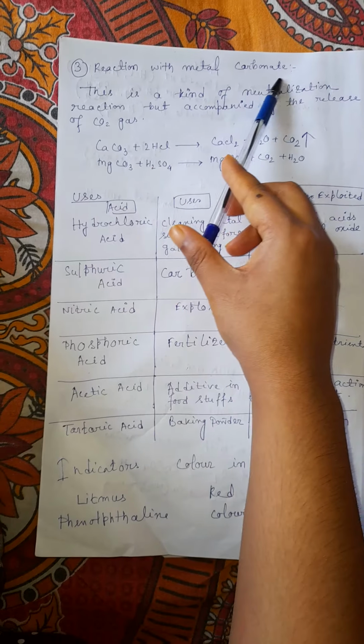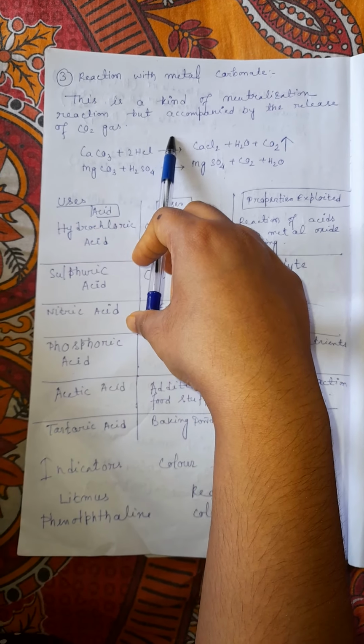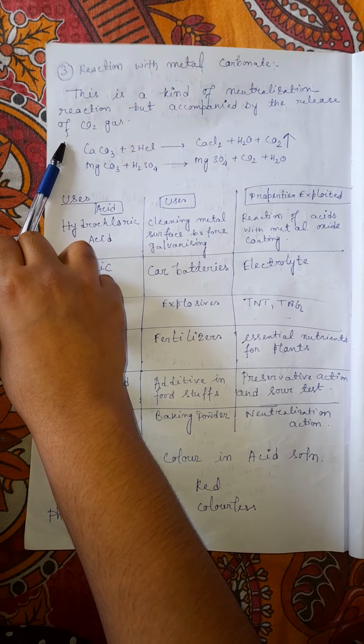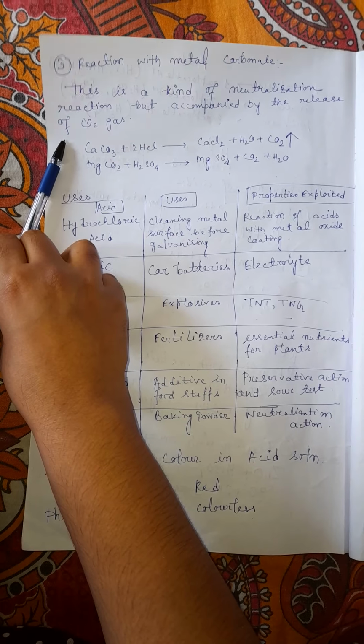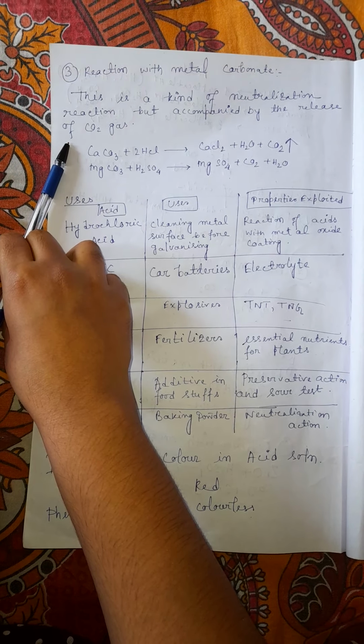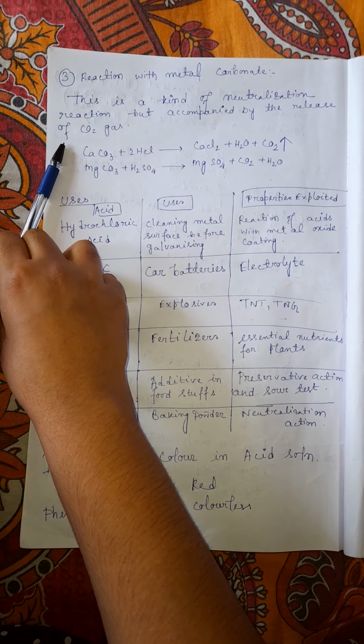Now reaction with metal carbonate. This is a kind of neutralization reaction, but accompanied by the release of CO2 gas. For example, calcium carbonate and HCl form calcium chloride as salt plus water, and CO2 gas is also released.